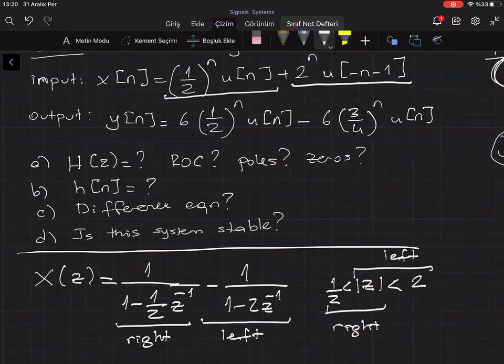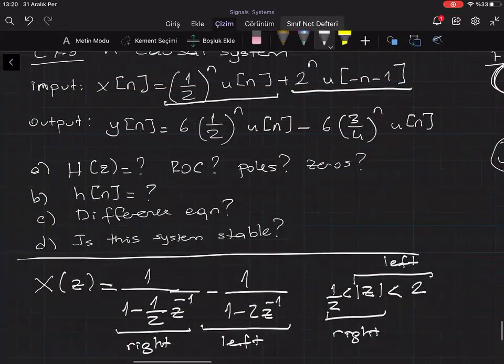So for this one, Z should be less than 2. Here, Z should be greater than 1 over 2. If you remember our previous discussions, that was the case. So for the ROC, X of Z is something like that.